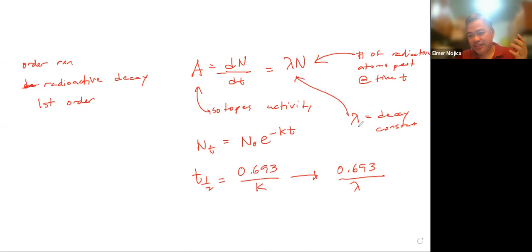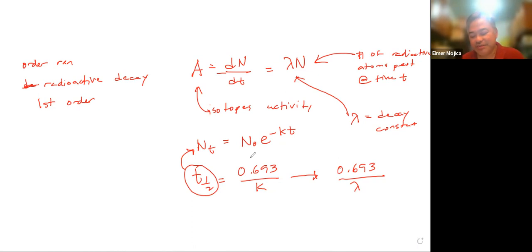May relationship ba yung t1/2 doon sa N? Anyone? Class? May relation ba to dito sa N(t)? Is it dependent on N(t)? If you're going to look at the equation, wala kang nakikitang N dito. So that means it's independent, okay, on the number of the radioatoms. It would remain constant throughout the decay process.